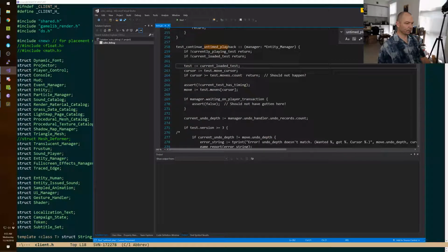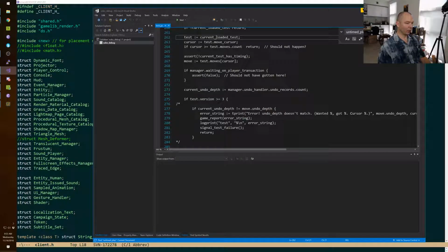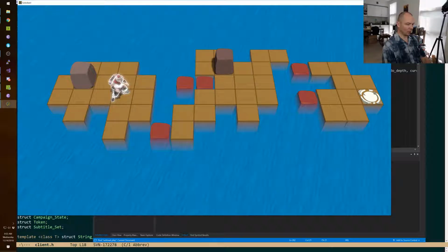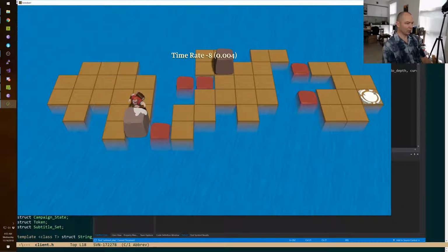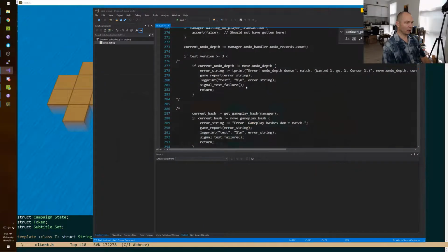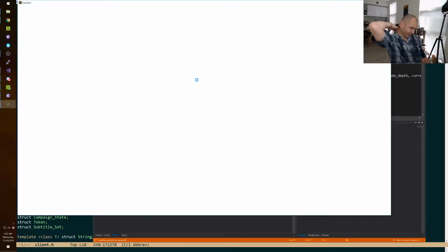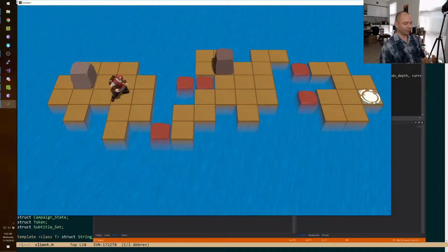So what I could do is I could go to where it gets stuck, and then I could slow time way down. And then we can just break there. Oh wait, I'm not running from the debugger right now. Let's run from the debugger. I could have also just attached to the running process, but you know, might as well just restart.